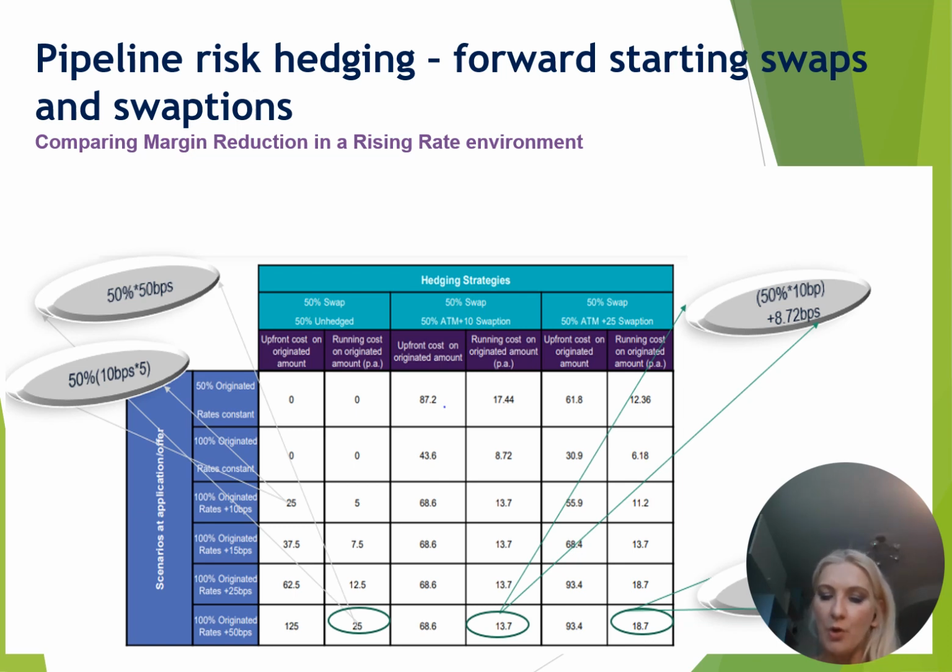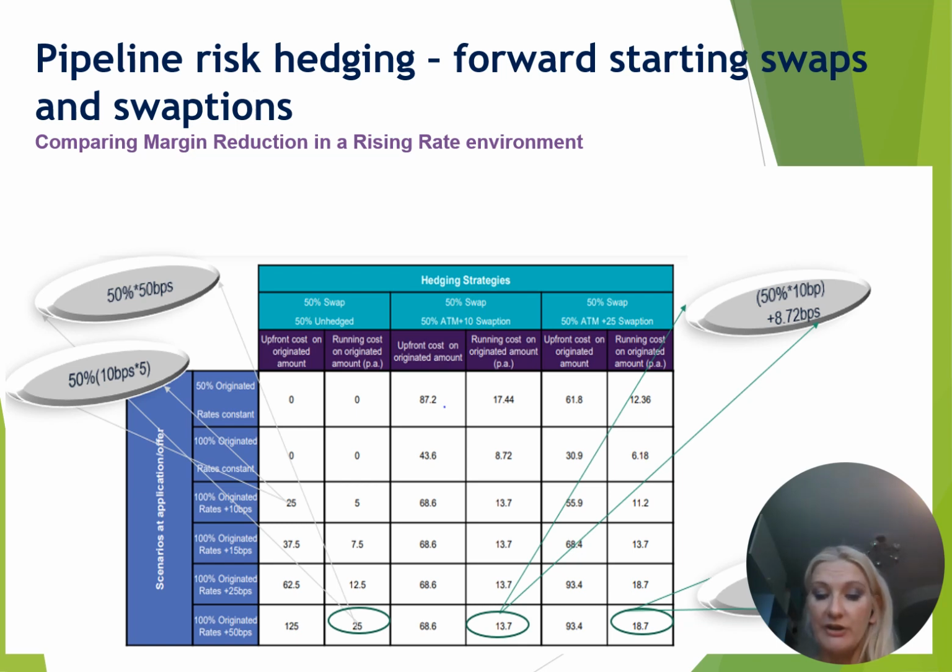So the swaption won't be exercised, we said, for a rate level below the strike. The strike is ATM plus 10 basis points. So at the money, so the prevailing swap rate plus 10 basis points. In practice, it means that the pipeline is unhedged until the swap level reaches the swaption strike, ATM plus 10 basis points.